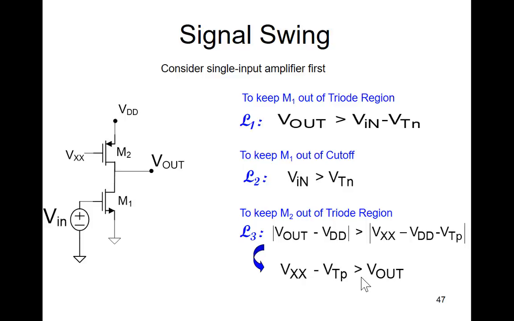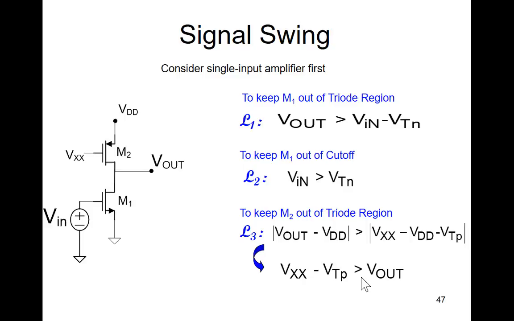And you can rewrite this in this form. So if I look at this in the V out, Vn plane, these three conditions define what? Lines. This is line 1, this is line 2, and this is line 3. So it's these three lines that define the input and output signal swing of this device.